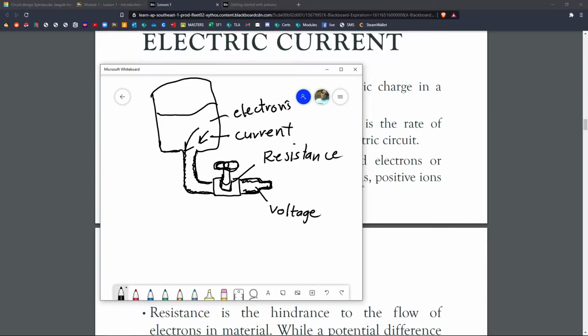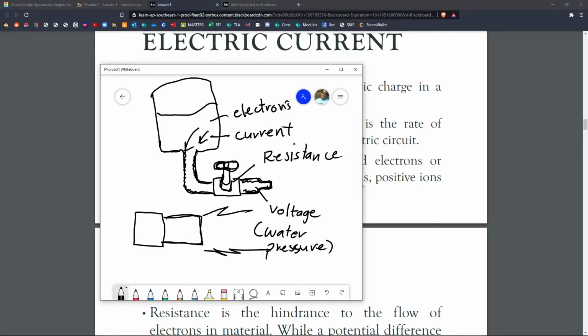Voltage can be considered as the water pressure, or in this case, the electrical pressure that one can apply to electricity. For example, you can have a very big faucet in which very strong current passes through.